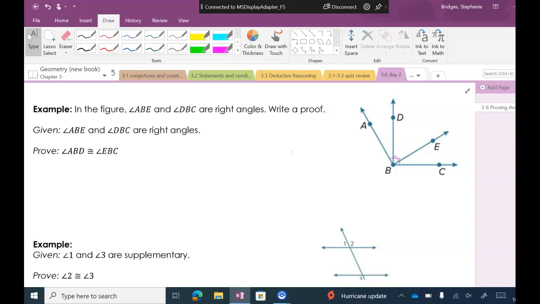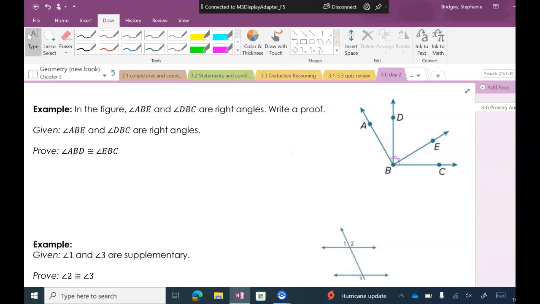What rule says I can add two angles together to get a bigger angle? Angle addition postulate, yes. So much like the segment addition postulate, except we're referring to angles here. Okay, now, this looks confusing because we got all these letters involved. You just have to remember that we're talking about angles, and each little set is going to have 3 letters in it.